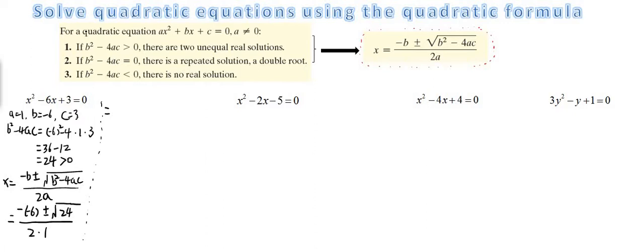That equals 6 plus or minus the square root of 24, divided by 2.